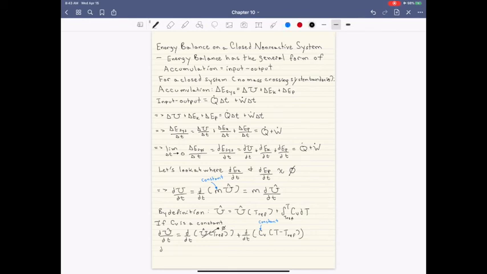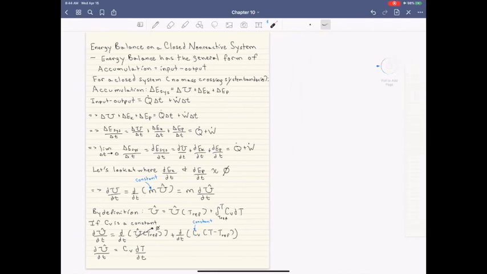If we write out the specific internal energy and take the derivative of this term by term, what we get is that we have CV as a constant, and then we have the derivative of temperature with respect to time. And then when we take the derivative of the part that has a reference temperature, that's a constant. So that's just 0. Alright? And so this is what our dU/dt term looks like in the end.